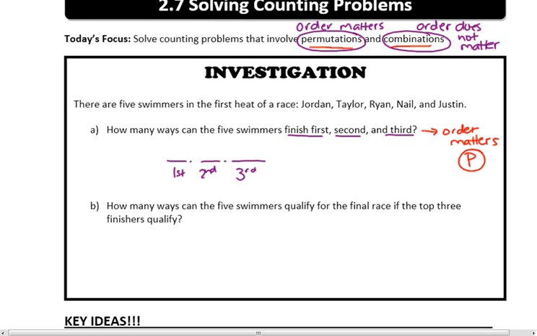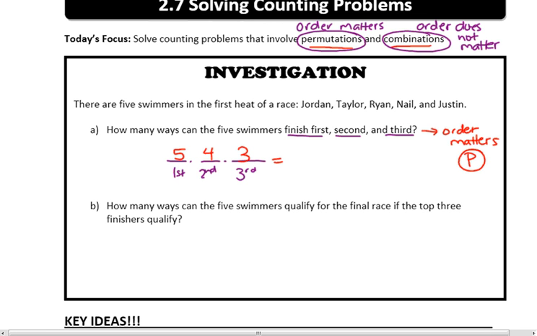Now a permutation we can solve with the fundamental counting principle as well, or we can use the calculator. If I want to use the fundamental counting principle, I think, okay, how many people do I have to pick from for the first position? There's 5 people. For the second, now that we've already put somebody in first, there's 4, and then 3.